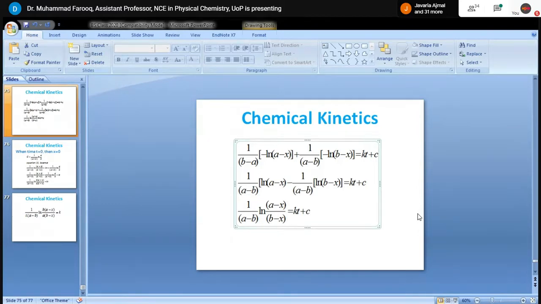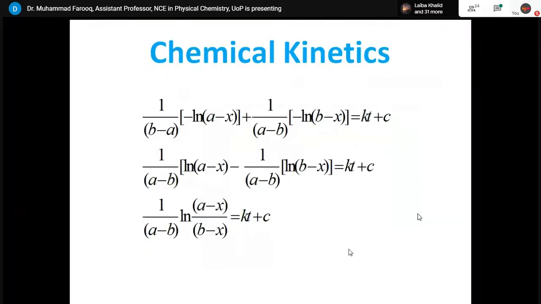Now it's clear. So you can see, if I multiply minus with b minus a, it will become a minus b log of a minus a. So my plus will be converted into minus, because minus log of b minus a. So I can write down minus 1 over a minus b log of b minus a is equal to kt plus c. Is clear?